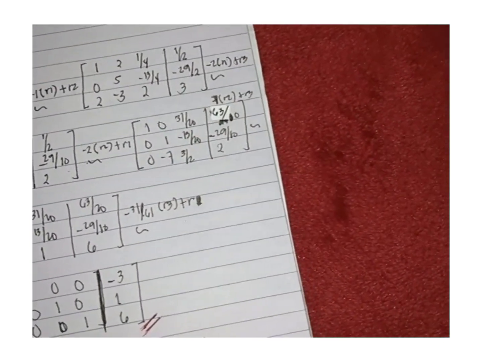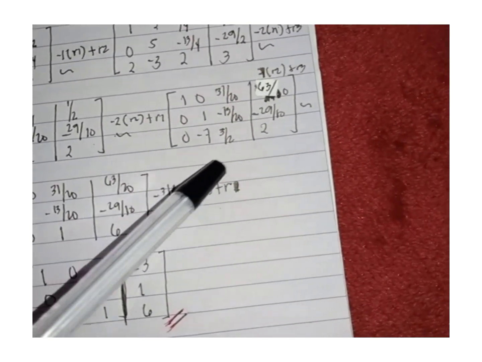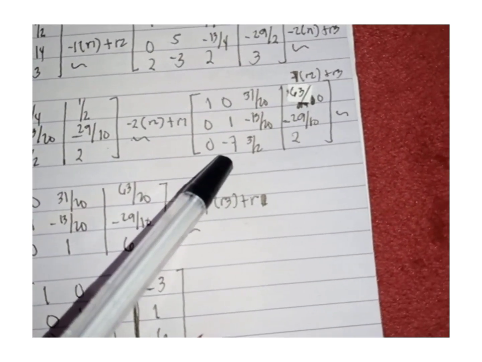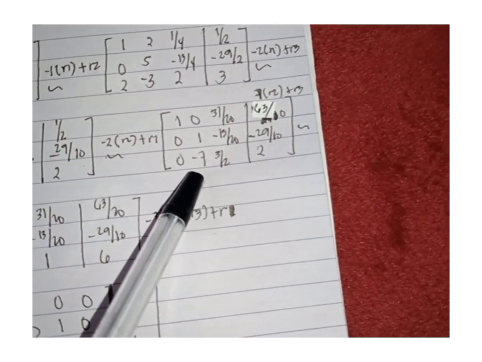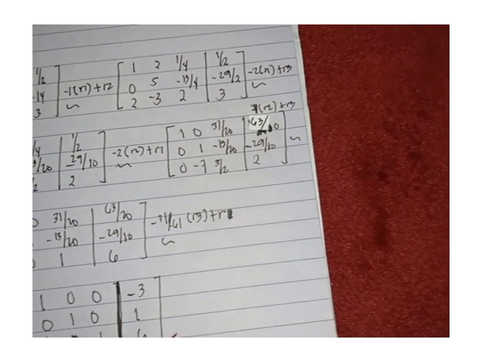Next, we are going to find the value of row 3 by eliminating negative 7 and turning it into 0. Sorry.